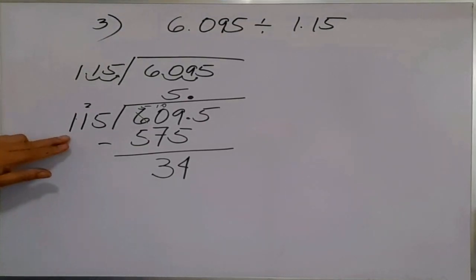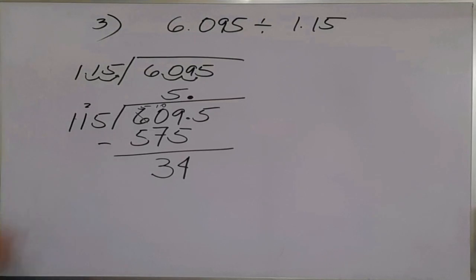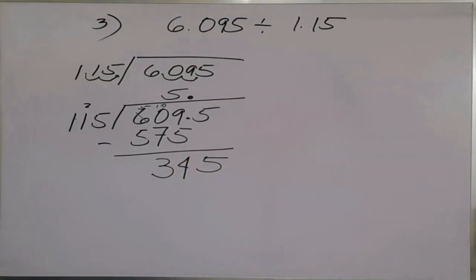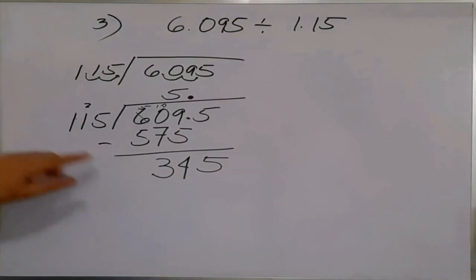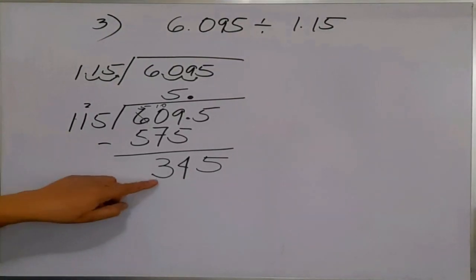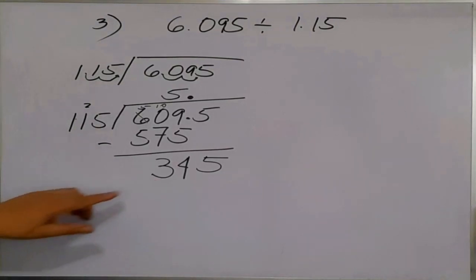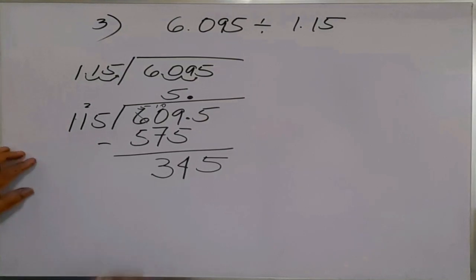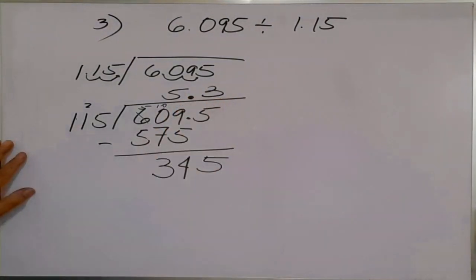So 35 divided by 115 cannot be. So we bring down our 5. So 345 divided by 115. So this is 100 and this is 300. So let's say 345 divided by 115 is 3.